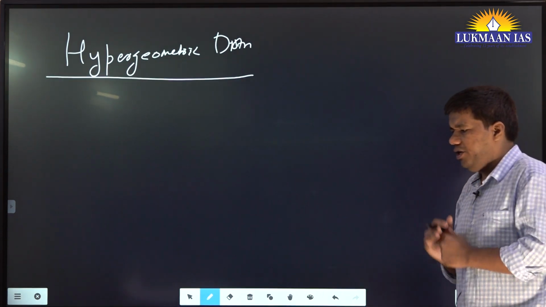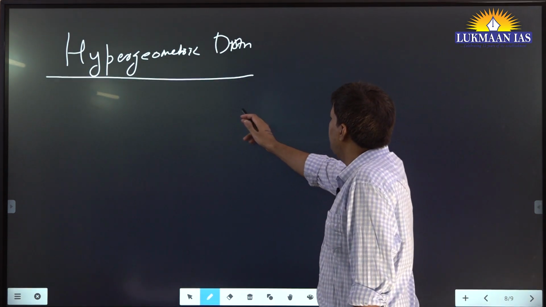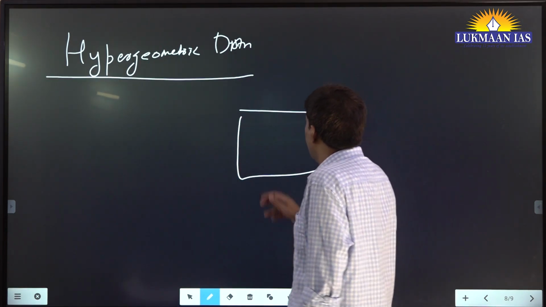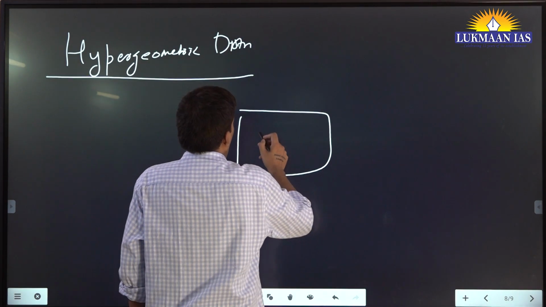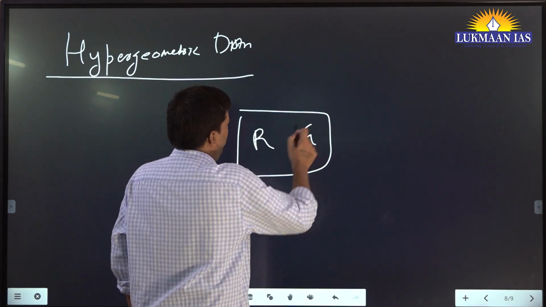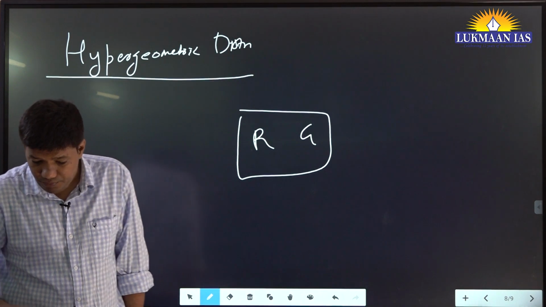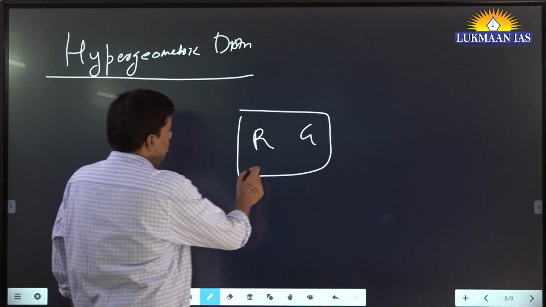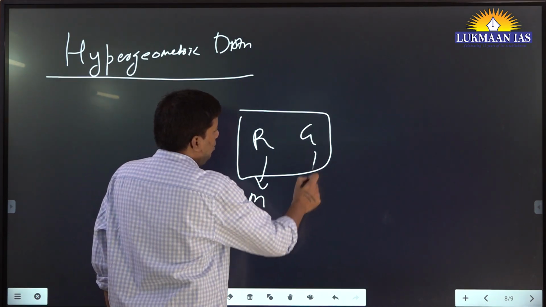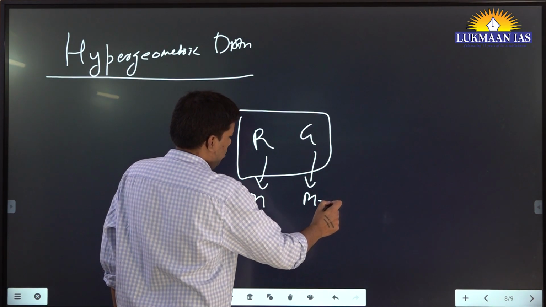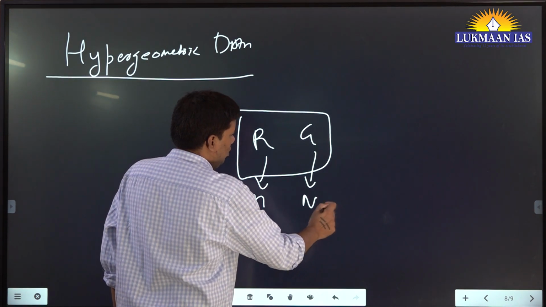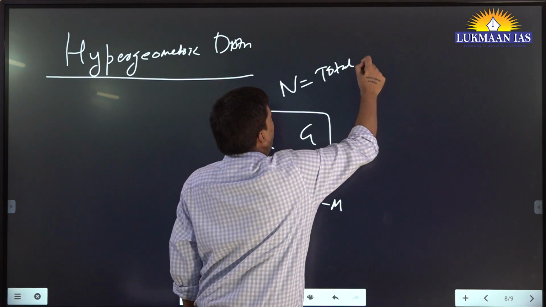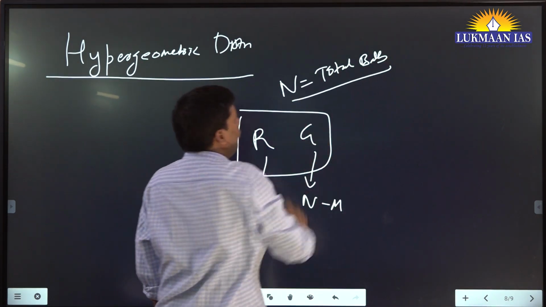In hypergeometric distribution, imagine a condition that there is a bag in which there are some red balls and some green balls. The number of red balls is m, and the green balls are n minus m, and total balls n is equal to total balls.